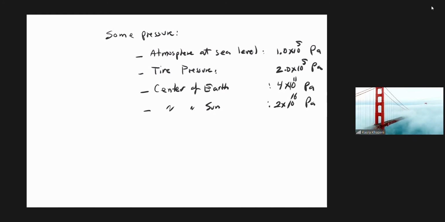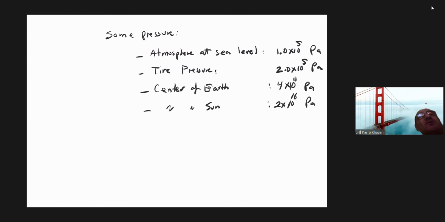So you can see the atmospheric pressure where you and I are right now is roughly 1 times 100,000 pascals. Okay, which is still pretty large. And the question is why we don't feel it.